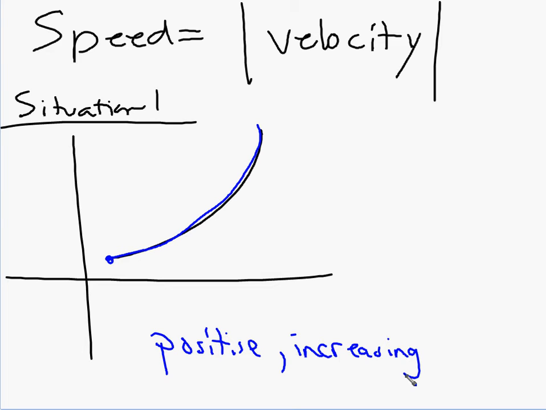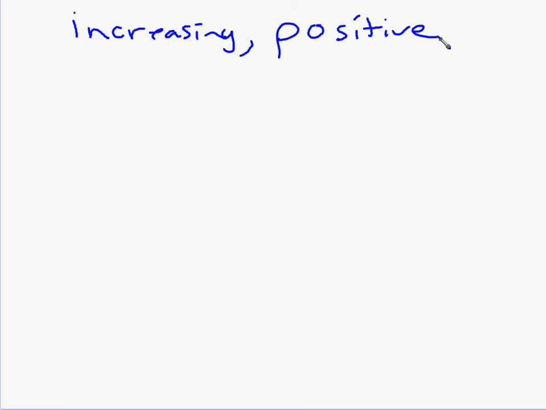Now, because velocity is increasing, we know acceleration is positive. By examining the graph of speed and the table of values, we can conclude that speed is increasing. Yes, all the speed values are the same as the velocity values.